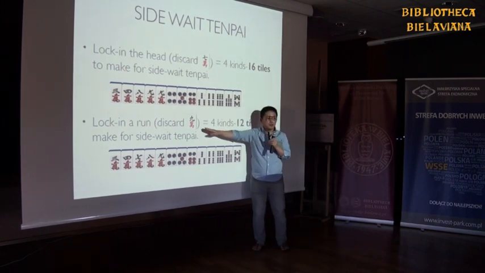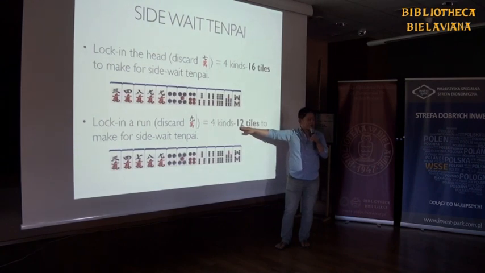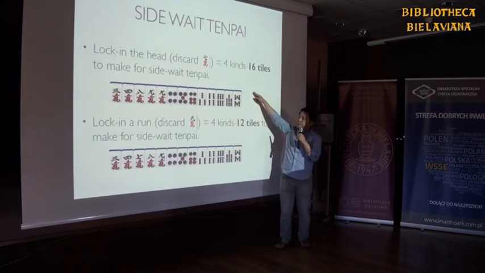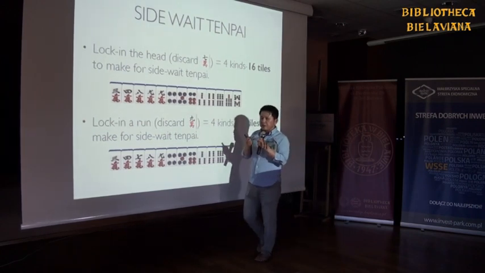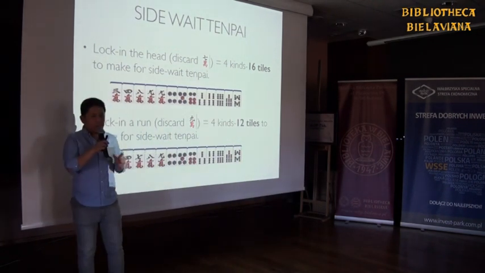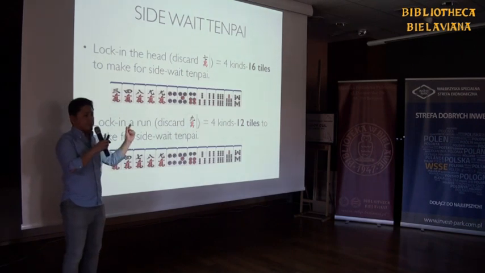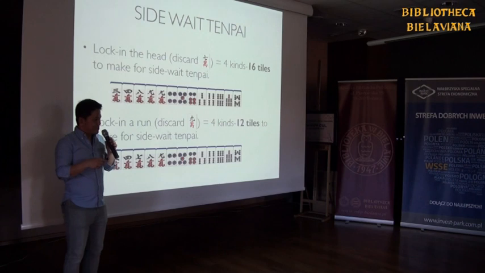And if you lock in a run first, then the tile acceptance is actually worse than locking in the head. So in general, lock in a pair, lock in the head first when you have 2 ryanmen protos. So that's the theory. And again, there will be exceptional situations, right?